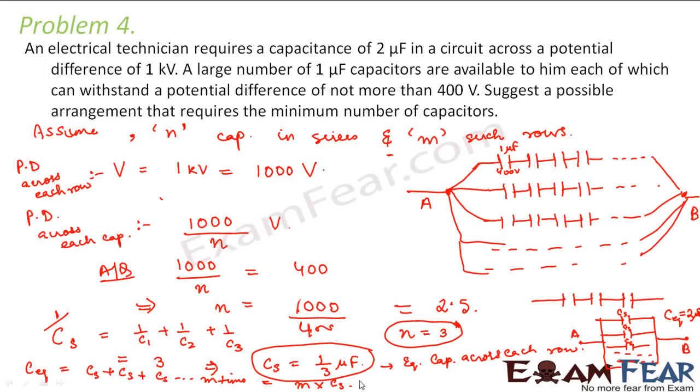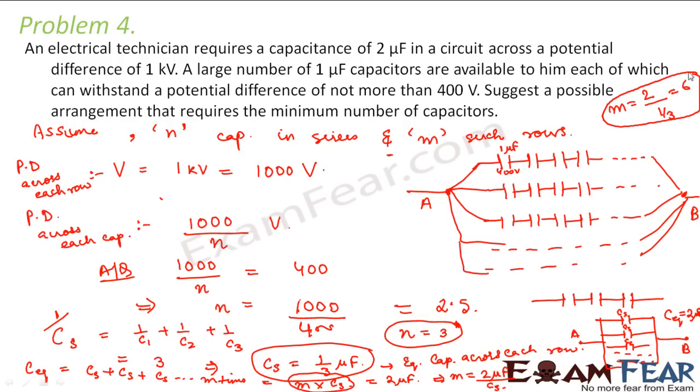Now what I want is that the equivalent capacitance of this circuit should be equal to 2 microfarads. Therefore M becomes equal to 2 microfarads divided by Cs. What is Cs? Cs is 1 by 3 microfarads. So the value of M comes out to be 2 divided by 1 by 3.